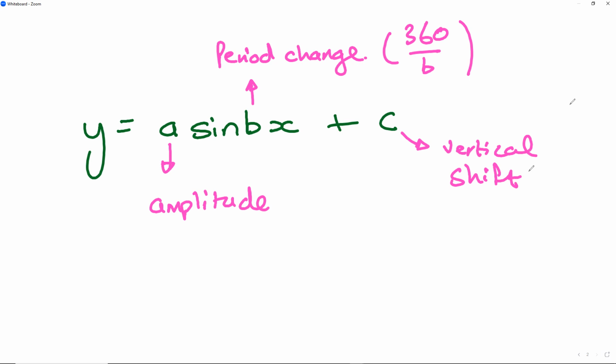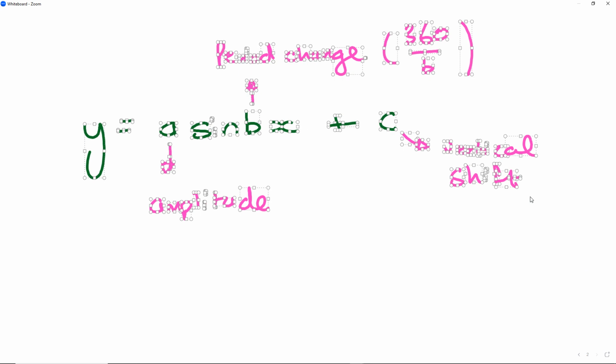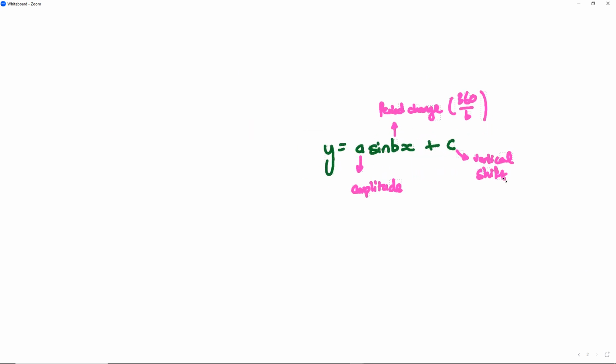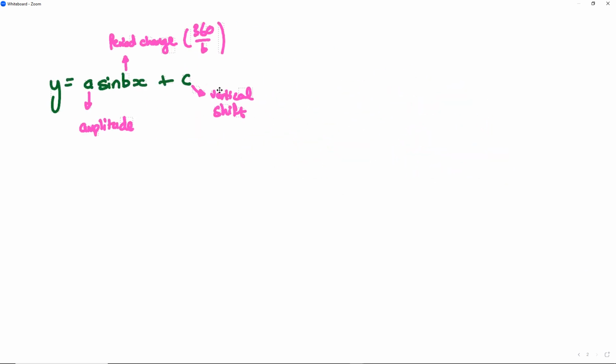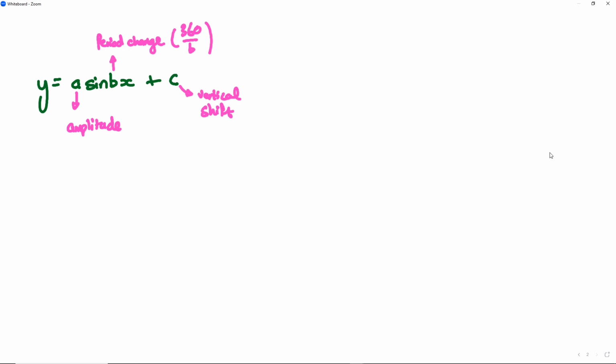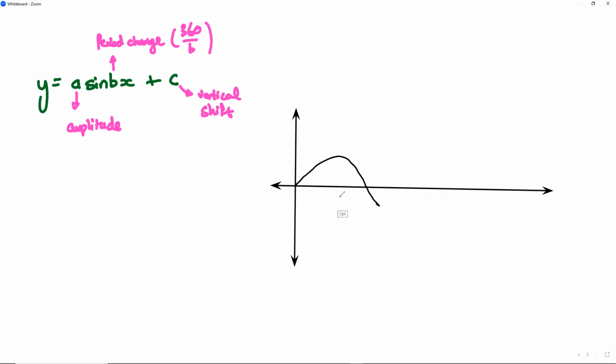In which case, if I have some original function of sine, let's just shrink this up and keep it on the side there. If I have some original function of sine like this, the sine graph does something like this.